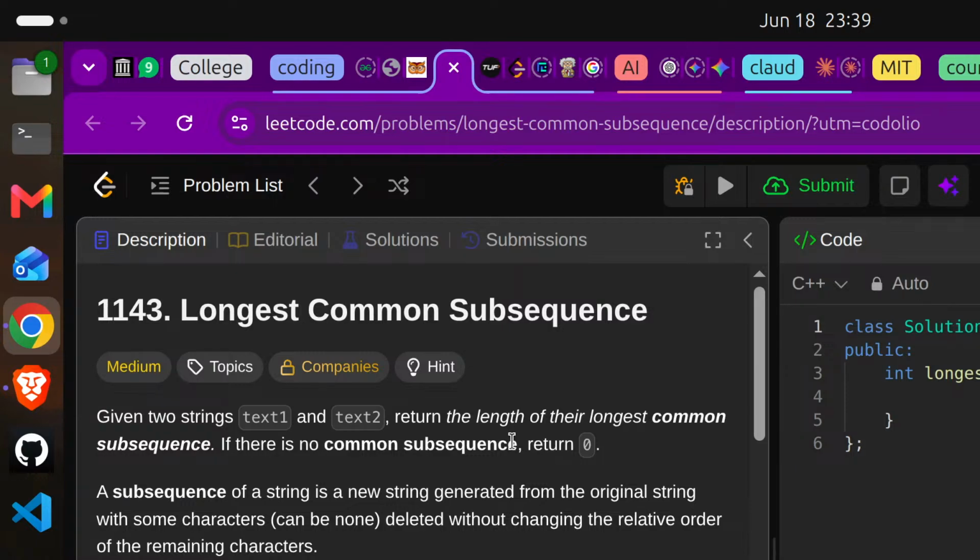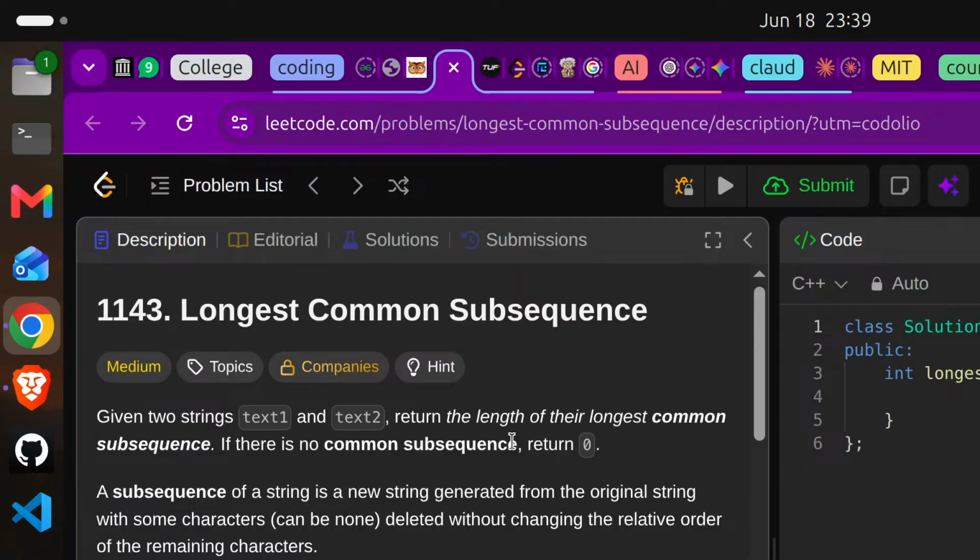Then in this case, max of this and this. text1, text2, right? i plus 1, or j, like that only. Comma f of text1, comma text2, comma i, comma j plus 1, right?